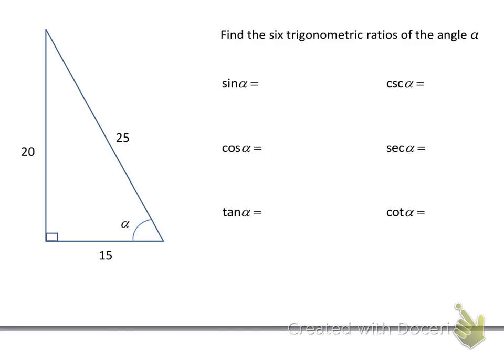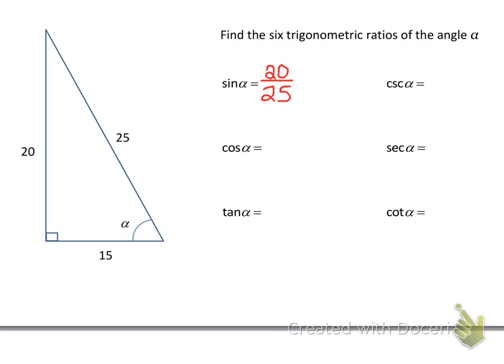Okay, so using these 6 trig ratios, we are going to work with this triangle below. It's a right triangle, and it's all going to be based off of this degree down here as it's noted. So sine of the angle is going to be 20 over 25 because you do opposite. So opposite of this angle is 20, and then the hypotenuse is 25.